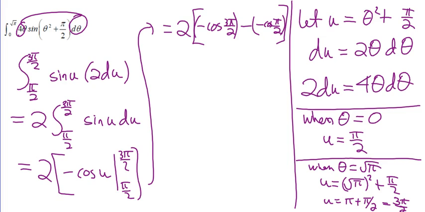You could throw extra brackets in, but why bother? It's easy just to evaluate cos of pi over 2 and then take its negative.